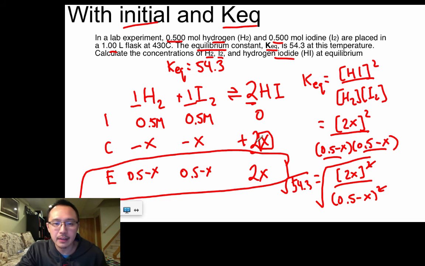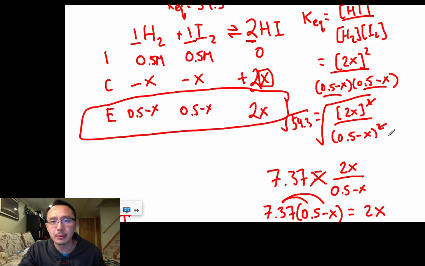Once I have that, I can establish my equilibrium row: plus 2x, and 0.5, what I started off with, minus what I used up to make the product, which is x. Then I put this into my law of mass action expression, 2x squared, and the bottom is usually going to be a square. If it's not, there is an example where you actually have to use the quadratic, but this one doesn't. Then take the square root and solve for x.